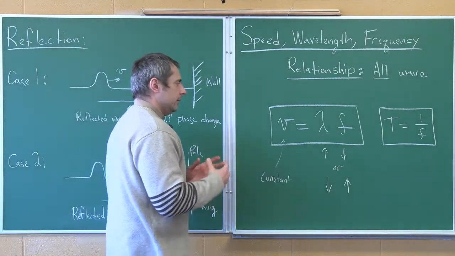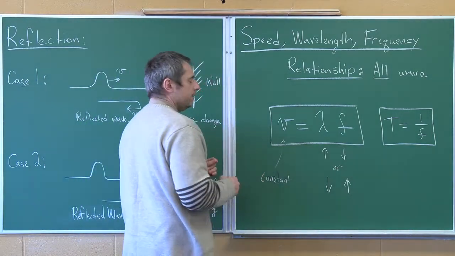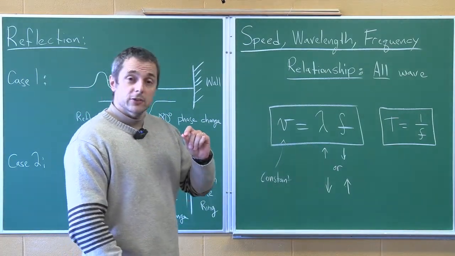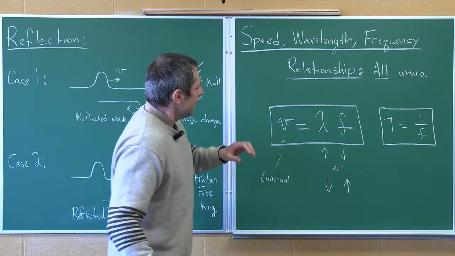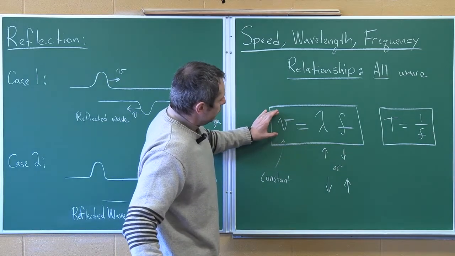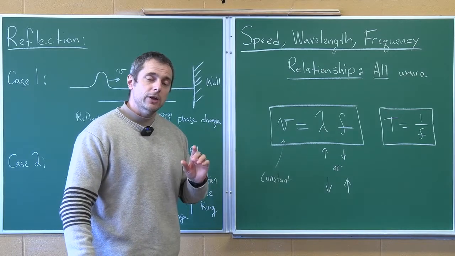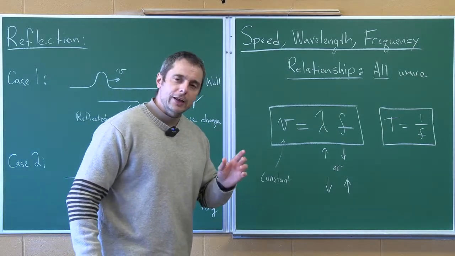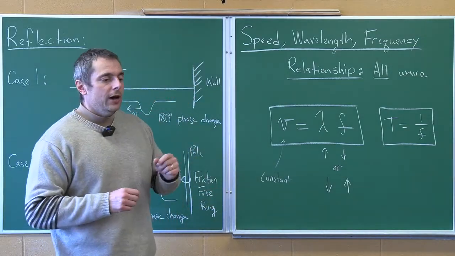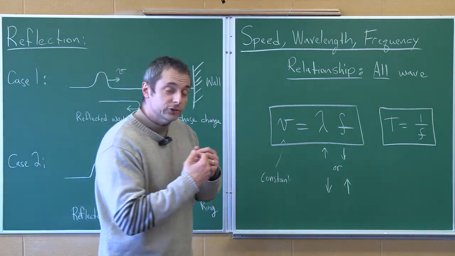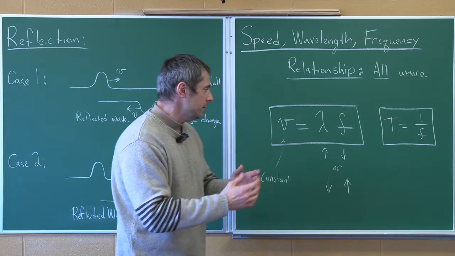Now, typically, the concept here is that for a given type of wave, like light, or a given type of wave like sound, the speed of the wave generally is a fixed number, like the speed of sound. Regardless of what kind of sound, a trumpet, a clarinet, it doesn't matter what the sound source is, all the sounds pretty much travel at the same speed.